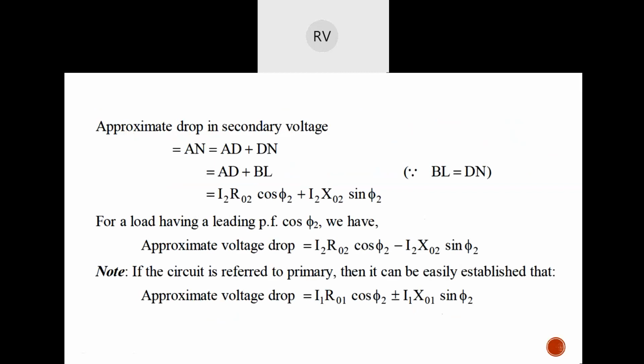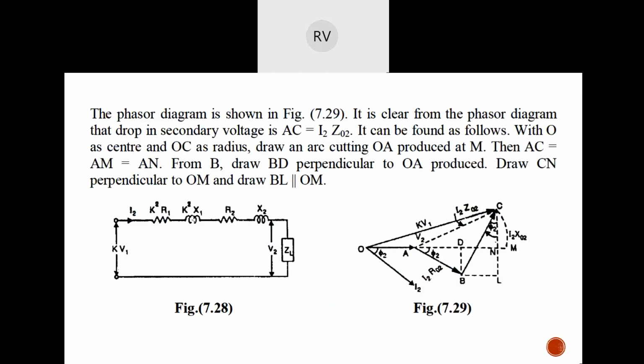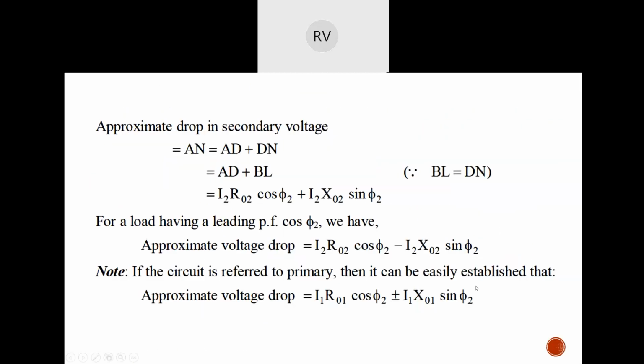Approximate drop in the secondary is given by AN is equals to AD plus DN. DN is equivalent to BL, right? You know what is BL value, right? So AD is equals to I2 R naught 2 cos phi 2 plus I2 X naught 2 sin phi 2.